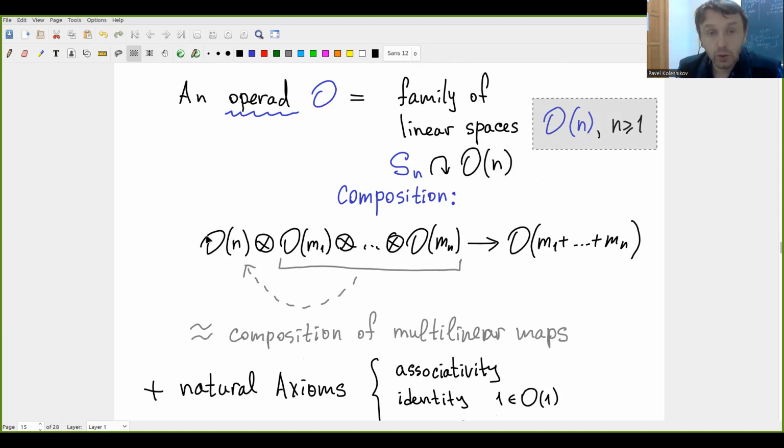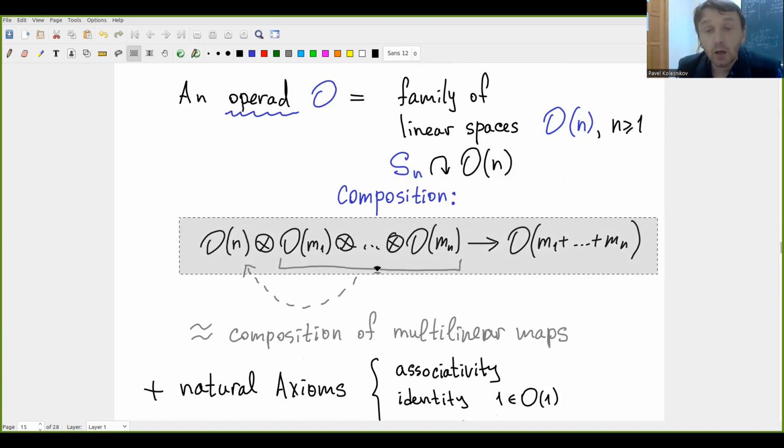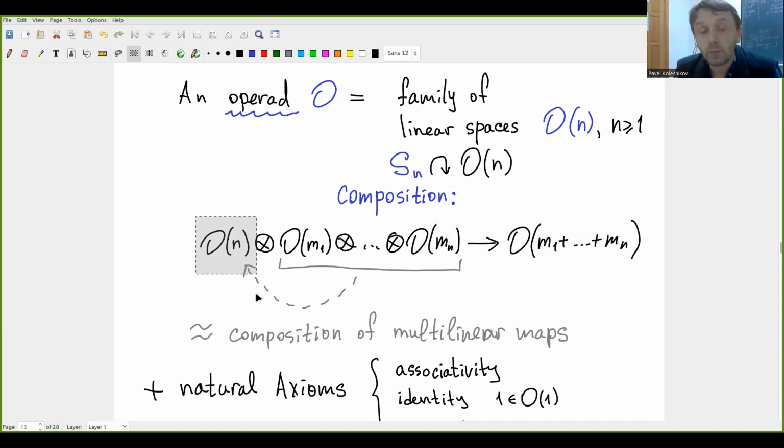The composition rule is a family of linear maps like that, which can be thought of as a superposition or a substitution. Just suppose each O_n consists of multilinear transformations of a linear space.